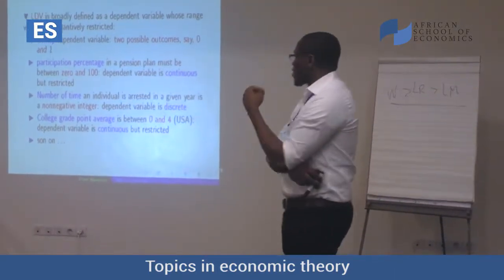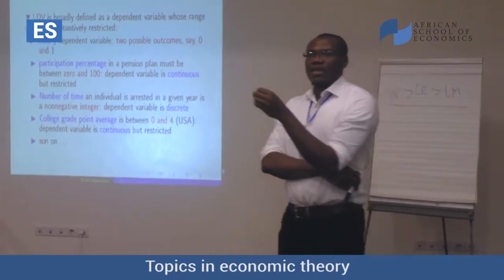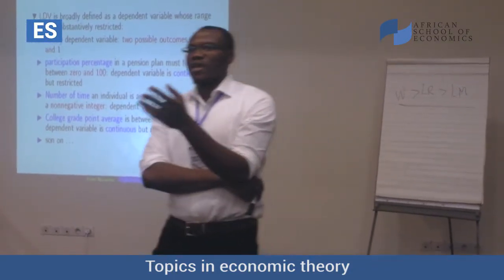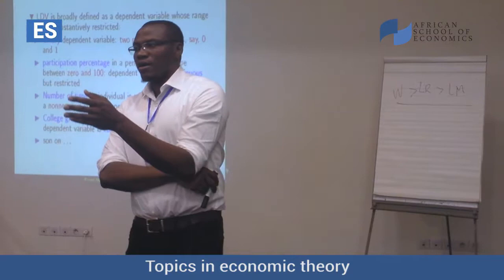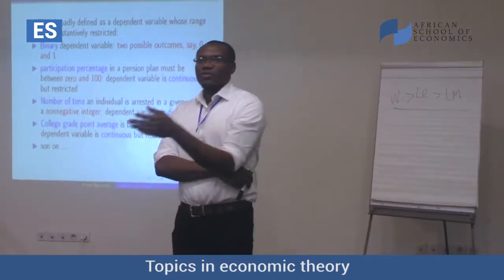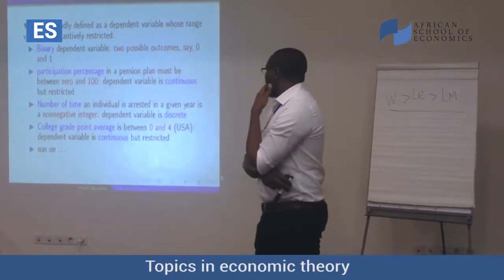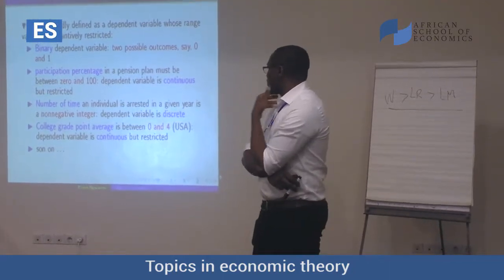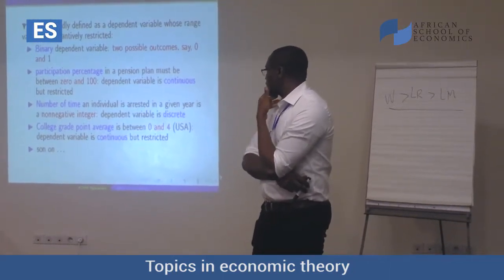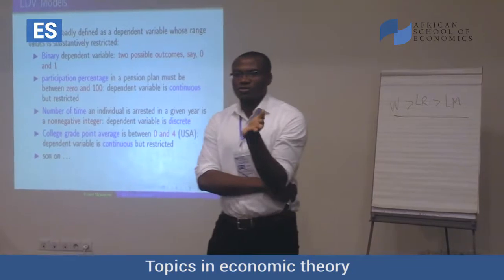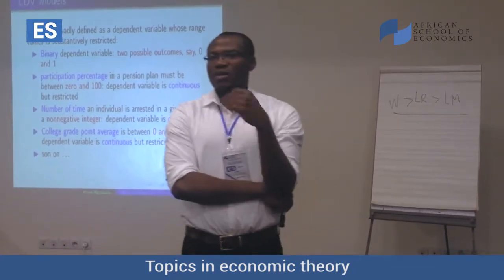Those are limited, right? Because they don't take negative values and they don't take pure real numbers, so they have to be integers. And for a GPA, another example, it only ranges from 0 to 4 or from 0 to 4.3, things like that.